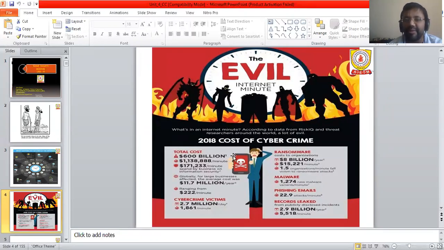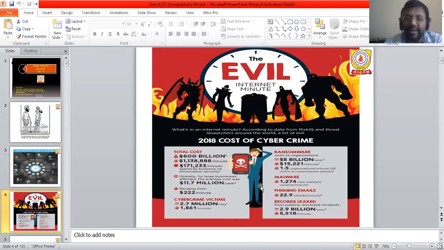There are 2.7 million cybercrime victims per day, which is 1861 per minute on average. Ransomware costs organizations around $8 billion per year. There are also 1,274 new malware variants per minute, phishing emails, and records leaked from publicly disclosed incidents. So this is really a big concern.